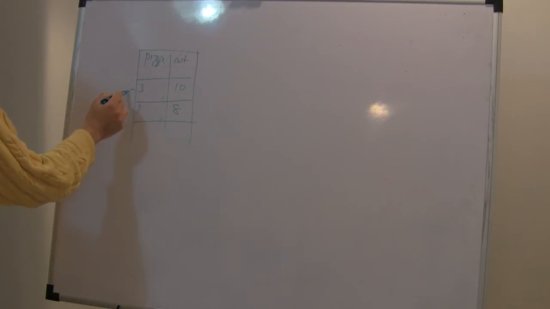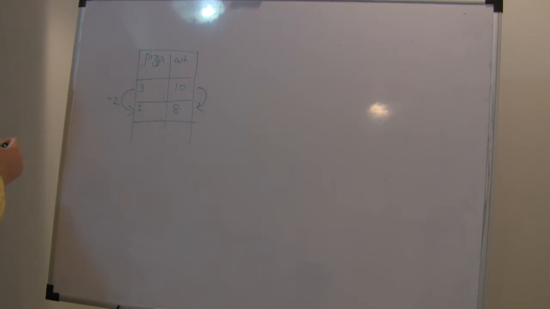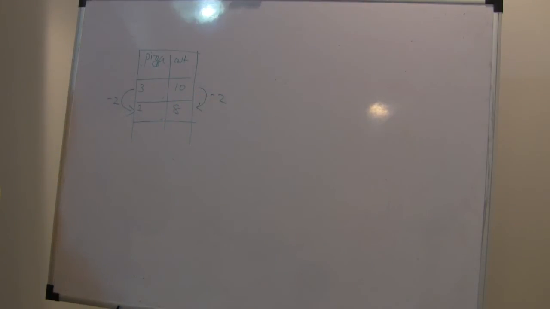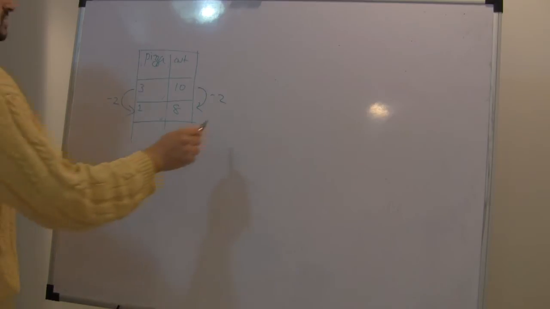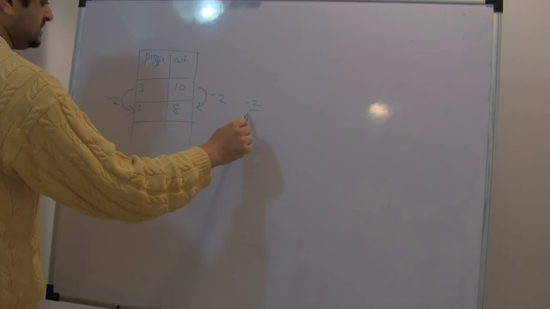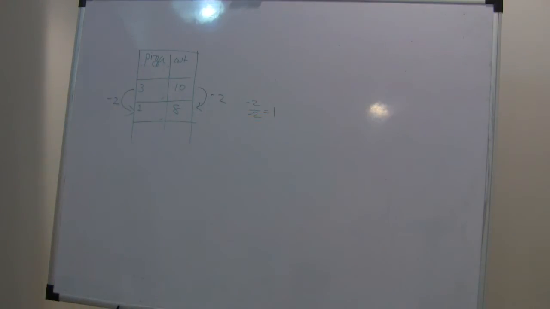So here the change is minus 2, okay. Here the change is minus 2, okay. So the rate of change is minus 2 divided by negative 2 equals 1. Okay, the rate of change is 1.